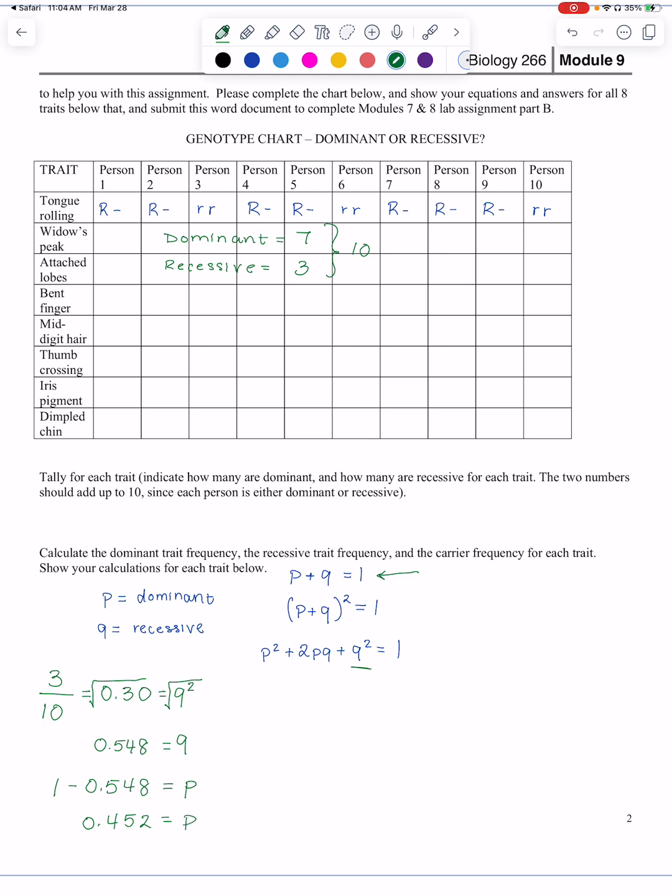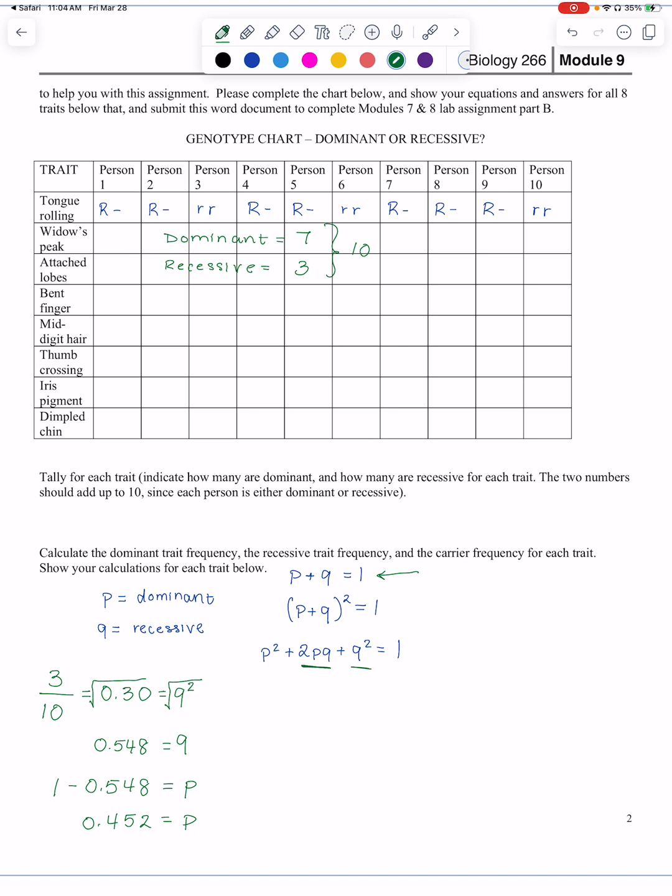So that's awesome. Now we have basically everything we need in order to finish our equation. So if we are looking over onto the equations, we can now figure out the carrier frequency of our trait, because we have what both p and q are equal to.